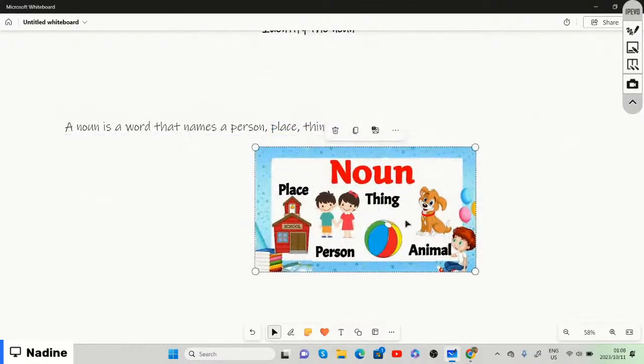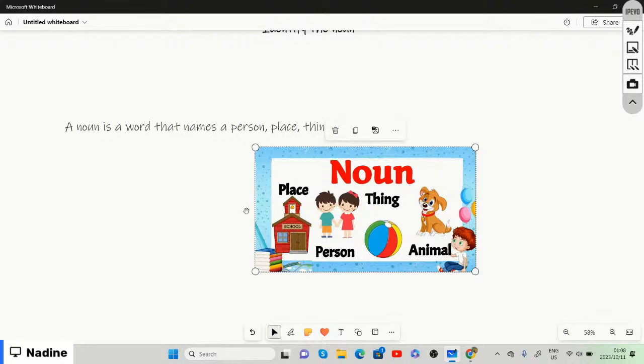The thing can be an animal or an object. A noun can name a place. It doesn't necessarily have to say where you are from. It can just mention a place, for example house, school, zoo, the park, or the beach. Those are also place nouns.